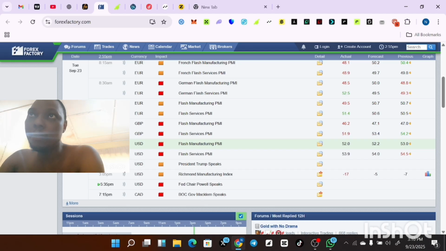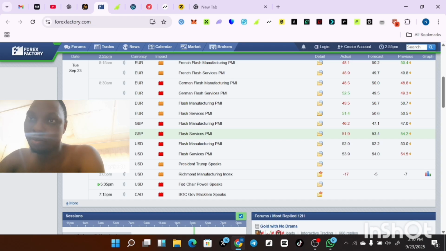Now, where is this GBP? This GBP USD news was released today by 9:30. These two news, both of them come out red, which means that at the point of releasing this news by 9:30, GBP USD will go bearish.